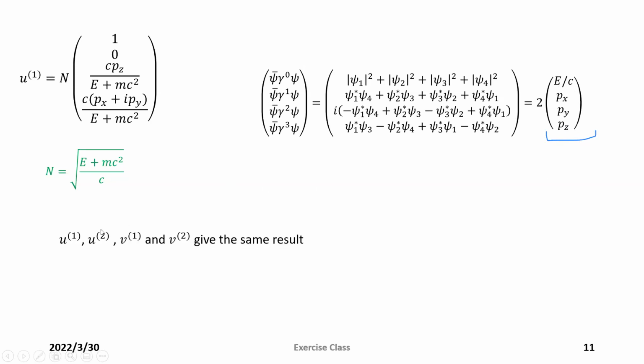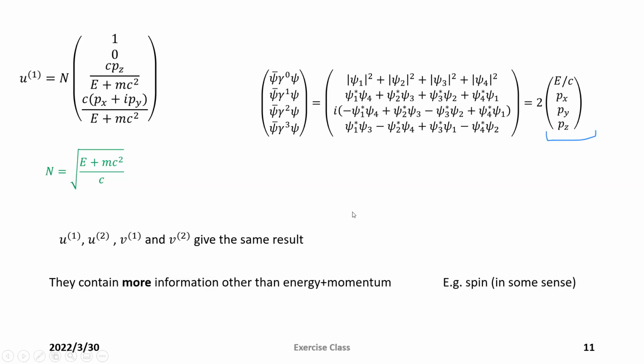And you can try it yourself that all the 4 spinors will actually give the same result here. And it means that the spinors actually contain more information other than energy or momentum, right? Because all these 4 spinors give the same results, but they are considered different.